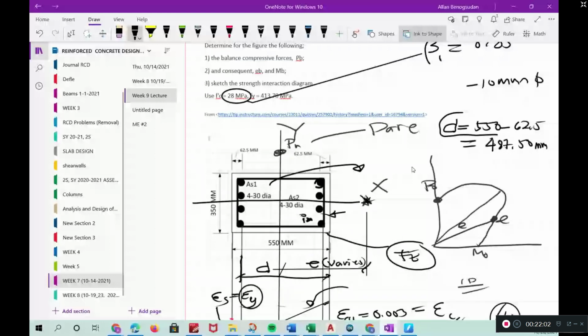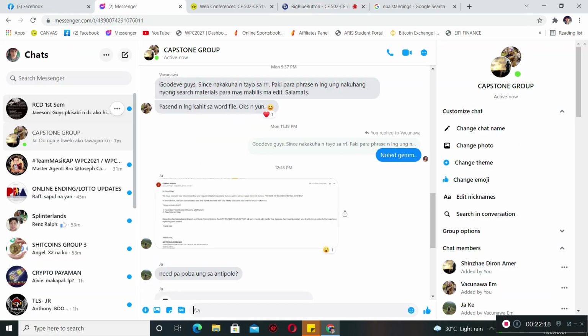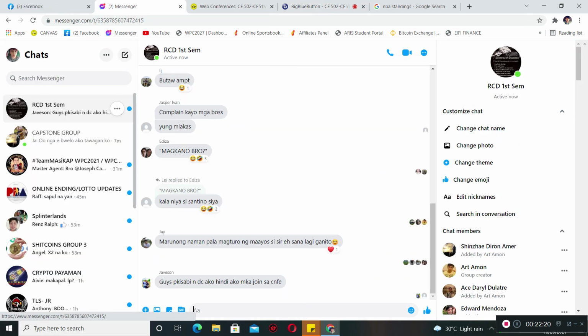Solve and C equal to 40 mm, for example, and half of that, and half of 30 as subtracted here. So hindi tayo magkakamali doon.